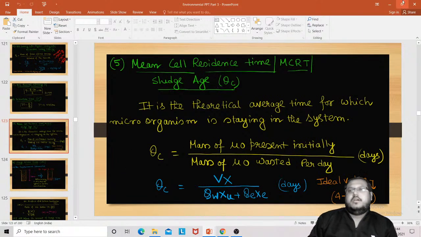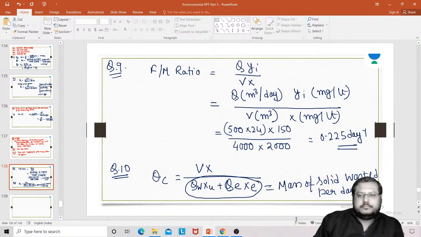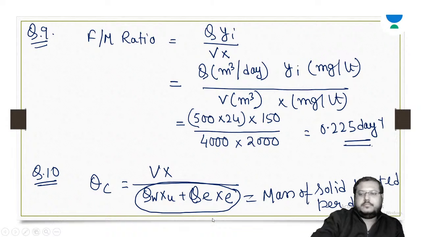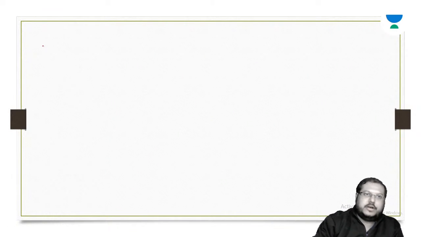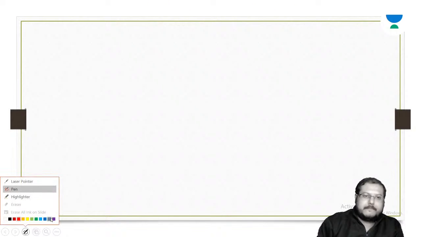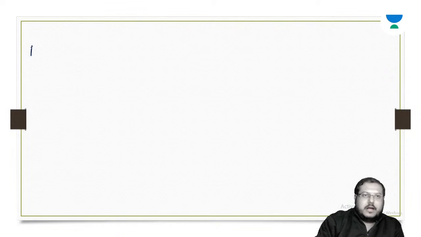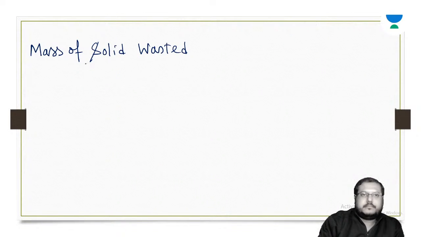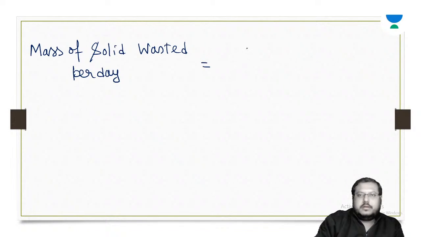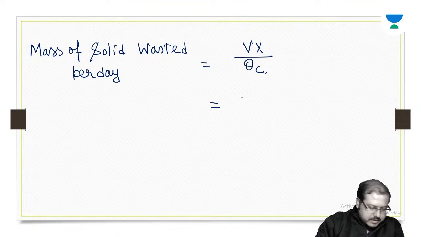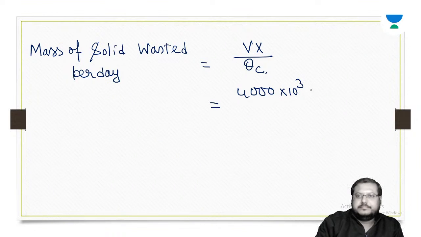So eventually, what we need to do? Our mass of solid wasted per day will be Vx by theta c, where V is given as 4000 meter cube, so 4000 into 10 to the power 3 in liter.